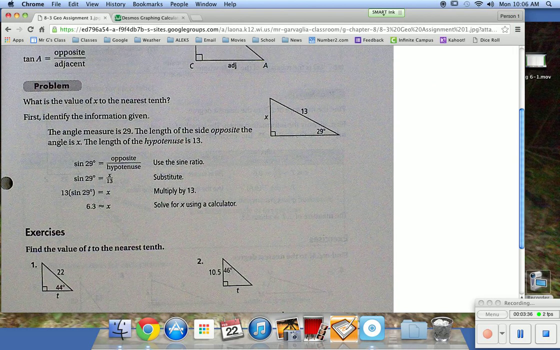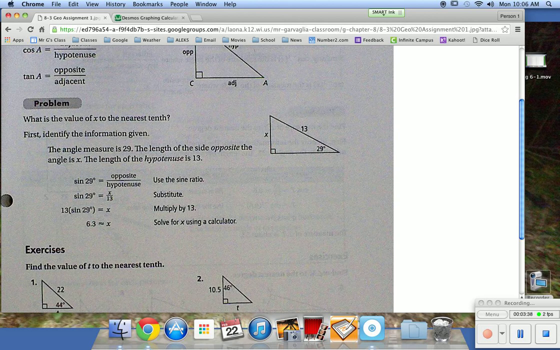Let's take a look at an example here. Given a triangle, we're given the degrees right here. We know from where the degrees are where our opposite side is. That's the side opposite, so we can even label this opposite. We know that this number up here is opposite my 90 degrees, so this is my hypotenuse, or my longest side.